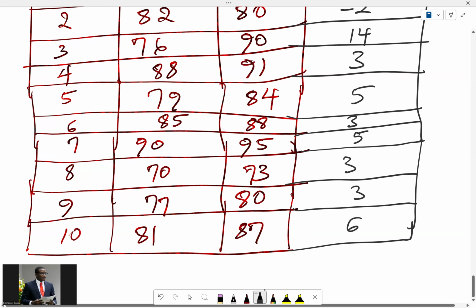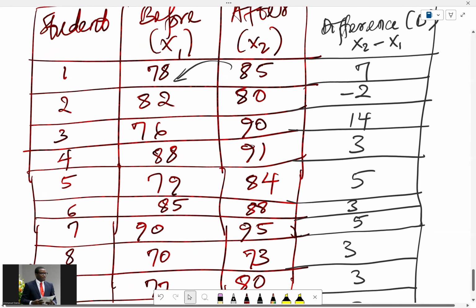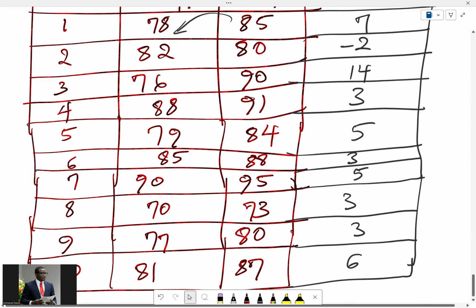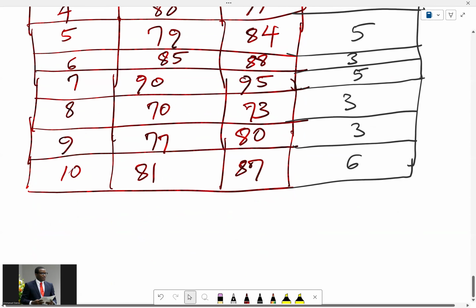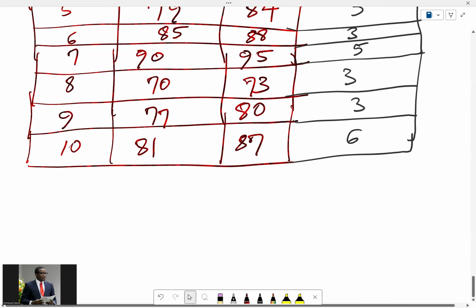So next thing we need to calculate, okay, we've calculated the differences already. The differences are 7, minus 2, 14, 3, 5, 3, 5, 3, 3, 6. The next thing we want to do is to find the mean of differences.